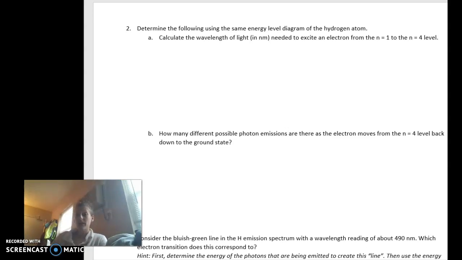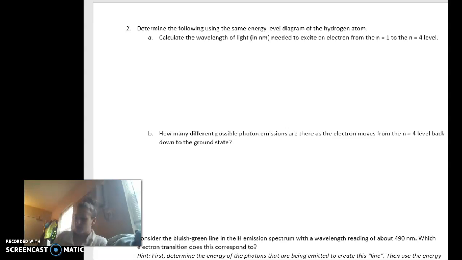If I want to calculate the wavelength, I can use the same equation that I used before: E equals Planck's constant times c over the wavelength. It's totally up to you. You can leave energy in joules, you would just need to use Planck's constant in joule seconds, or you can convert to electron volts and use the same number as before.